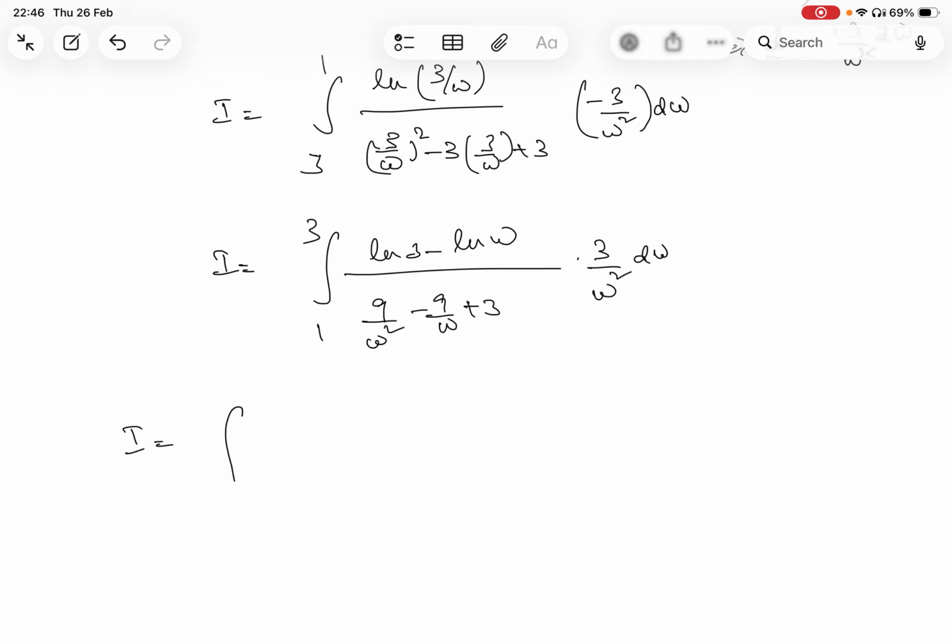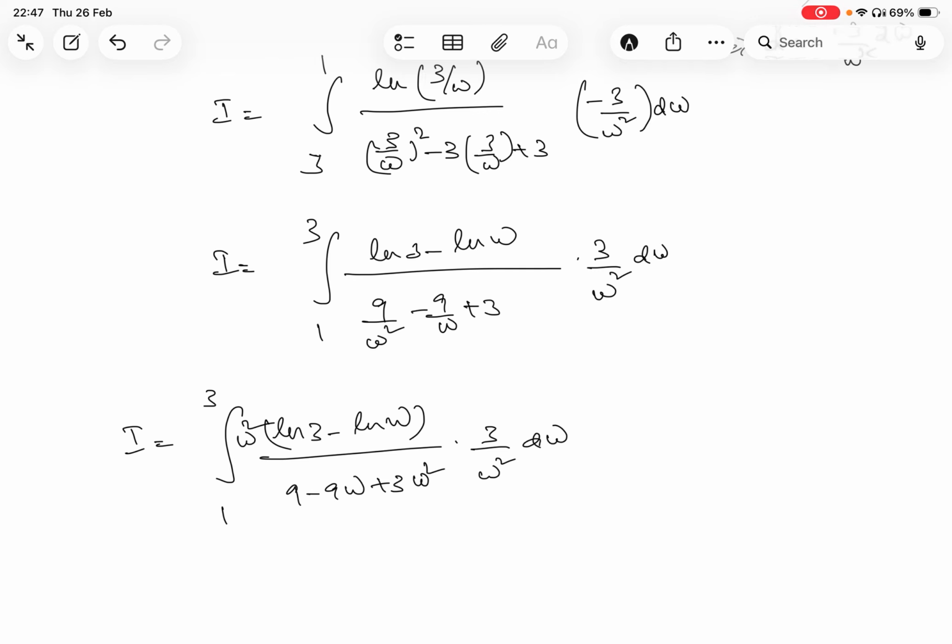I is the integral from 1 to 3 of ln 3 minus ln w, divided by, with the LCM of the denominator being w², (9 − 9w + 3w²) by w², into 3 by w² dw. The w² will get cancelled.